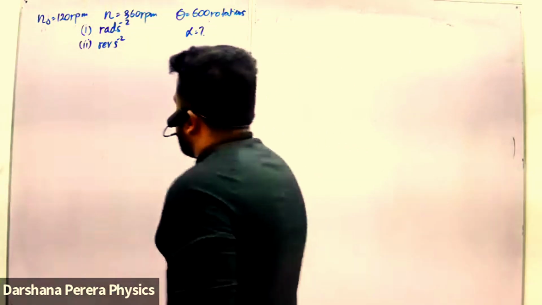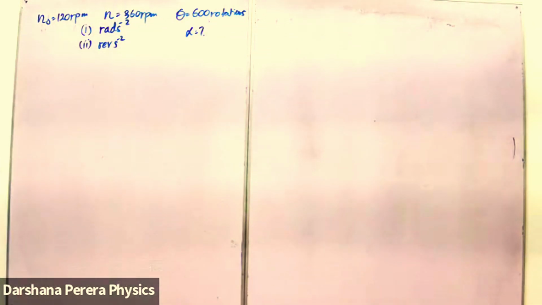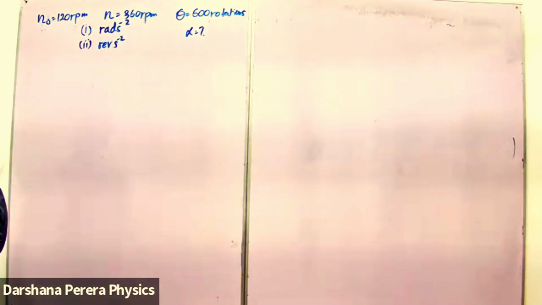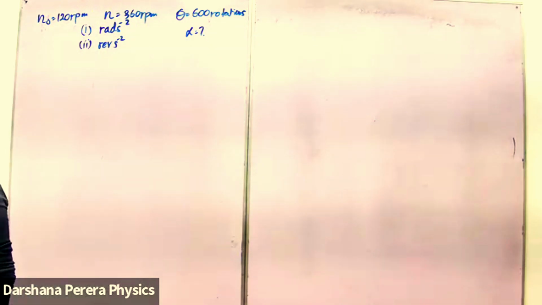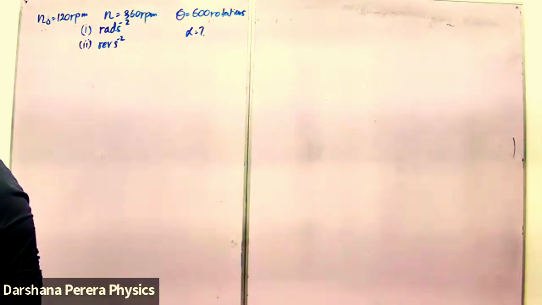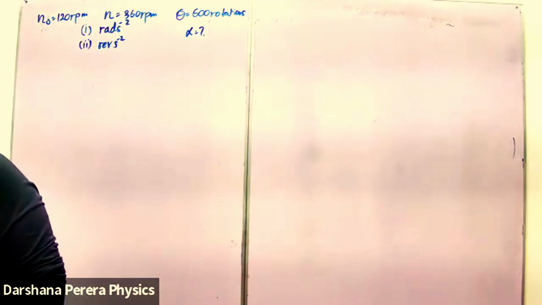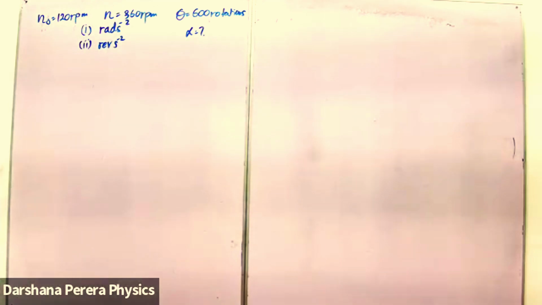Then find the alpha in revolutions per second squared. Find the value. What is the answer?